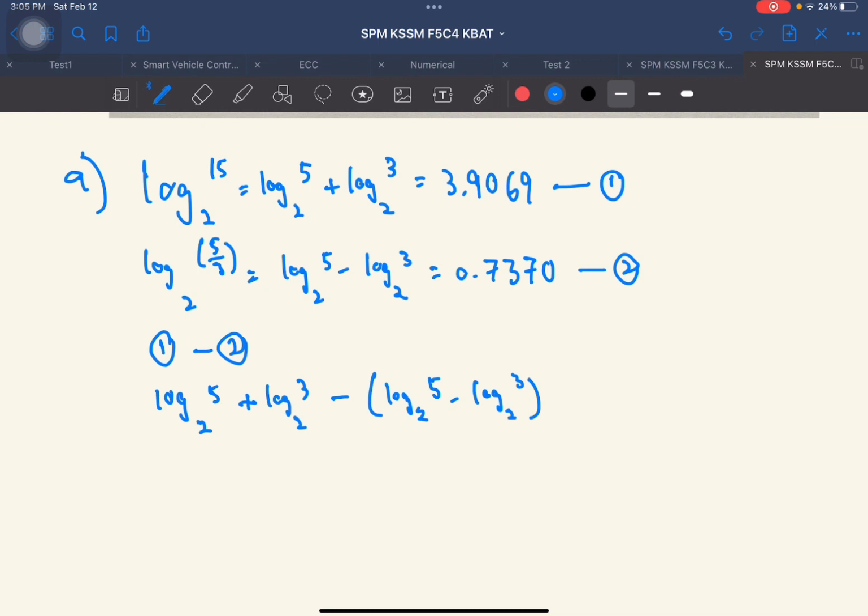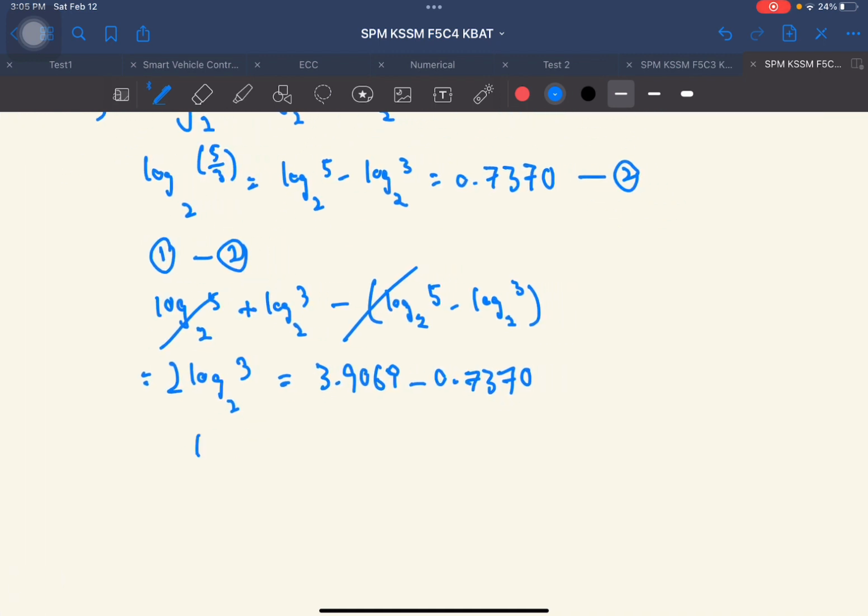Okay, so by doing so, minus minus becomes plus. This is equals to, and this 2 is eliminated, 2 log 3 base 2, and this is equals to how much? 3.9069 minus 0.7370.